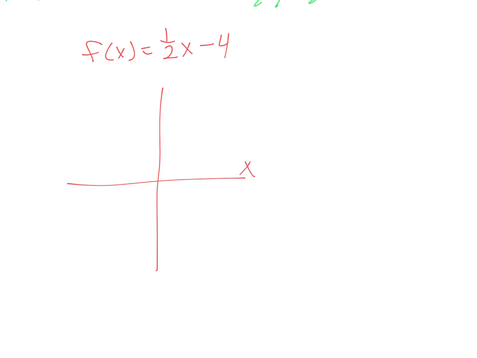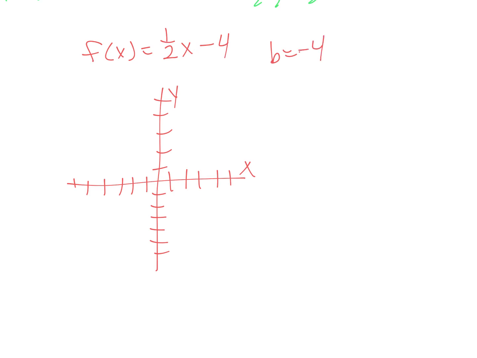Let's say that my original function is a fraction. So now our slope is a fraction, and we're going to do plus, let's not do plus, let's do minus, I don't know, 4, okay? So we're going to graph this, x, y, and your b value is -4.